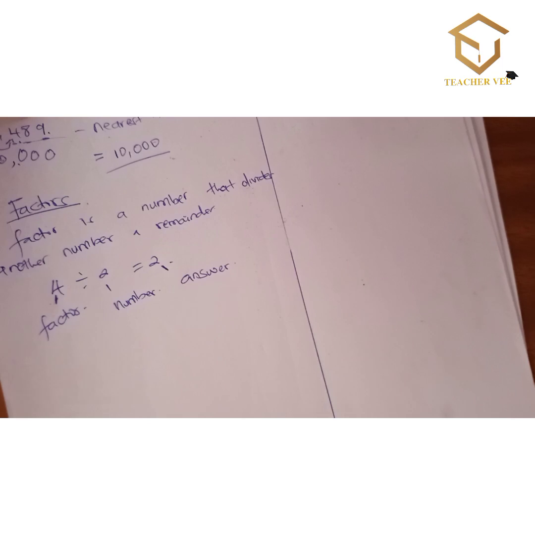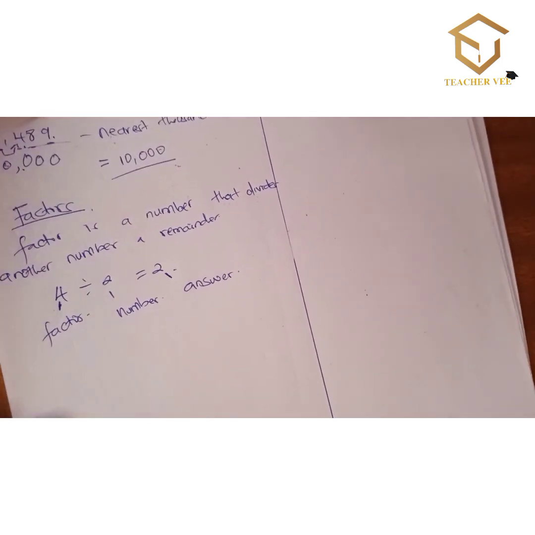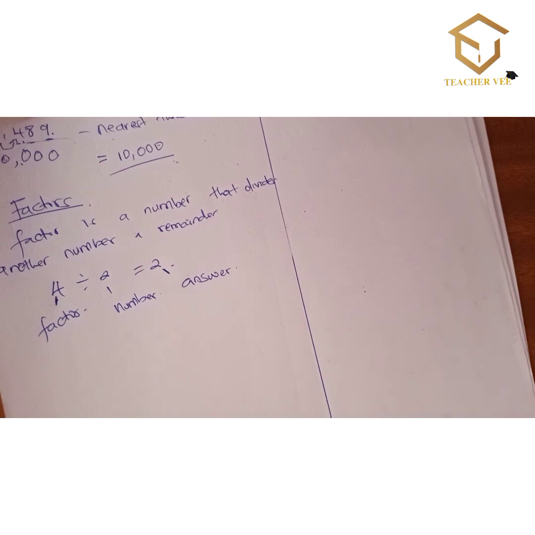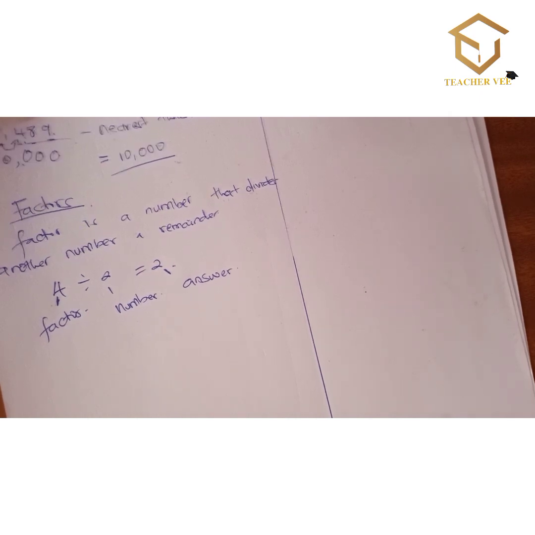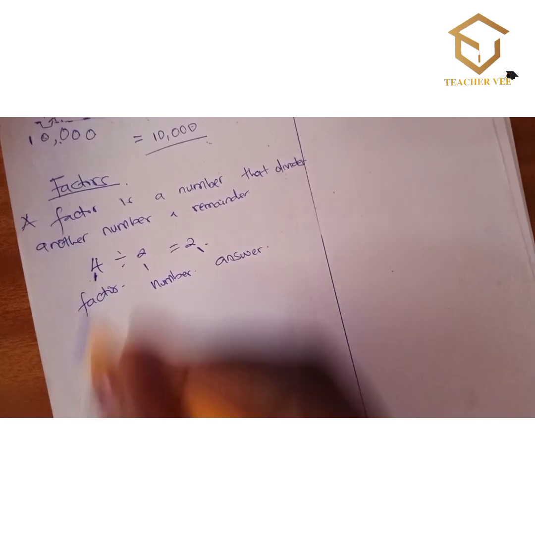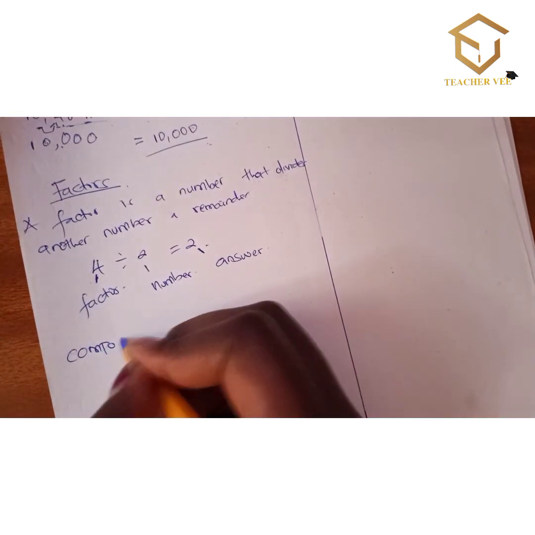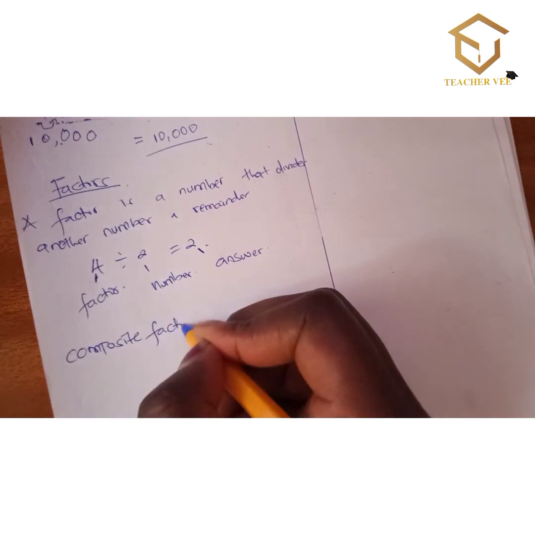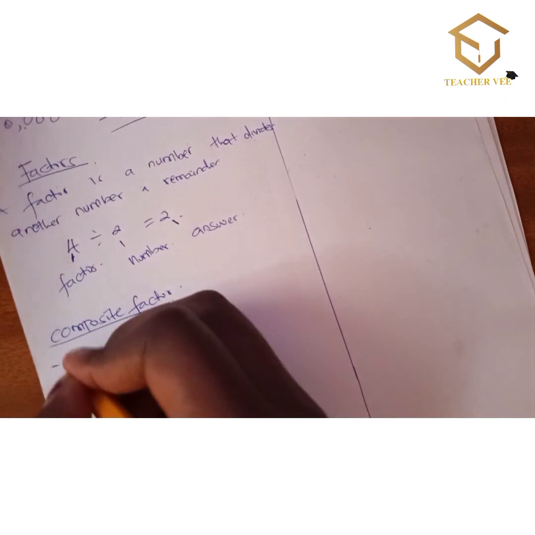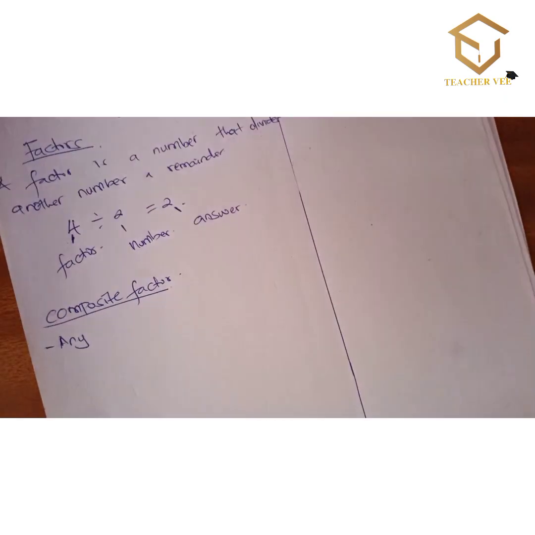In these factors, we will learn about 3 things: the prime factor, the composite factor, and the exemptions. Let's start with the composite factor. I love writing, because when you write, you're not going to forget easily.